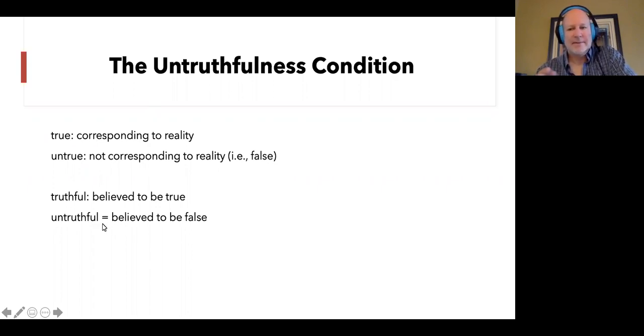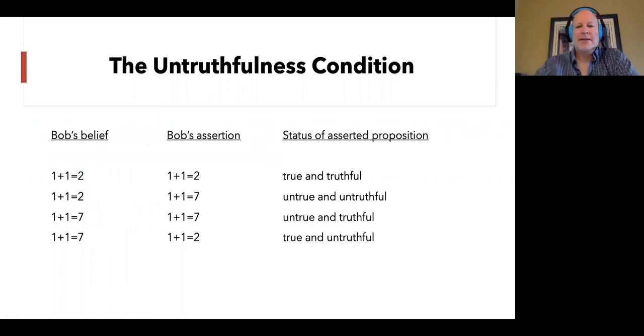So just to help cement these distinctions in your mind, let's consider four completely different scenarios about Bob and his assertions and his beliefs, and what that implies about the status of the proposition that he's asserting.